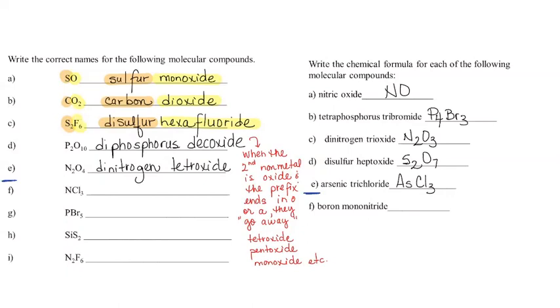Please don't be going like, oh, I'm just going to Google the chemical formula that will give me the name. Most of the time, you will get it incorrectly because I already Googled it. And I know Google has good information, you guys, but Google has bad information too. And I'm trying to get you used to the idea of knowing to apply the rules. Please don't Google these things.